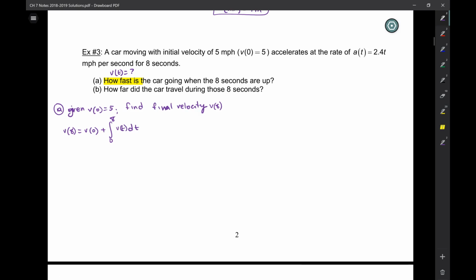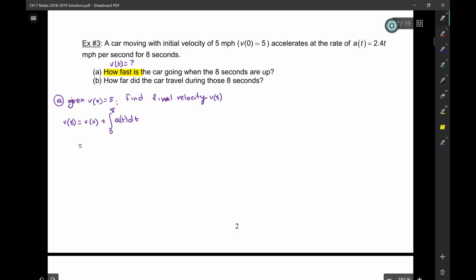When you integrate the acceleration, that gives you the added velocity, and then you have to add it to the initial velocity. What was the initial velocity? 5 plus the integral from 0 to 8 of 2.4 t dt.